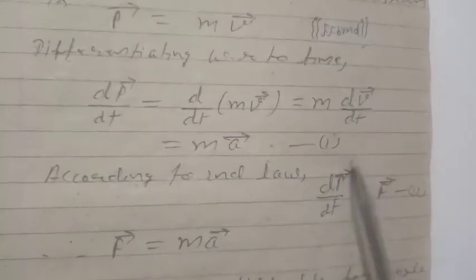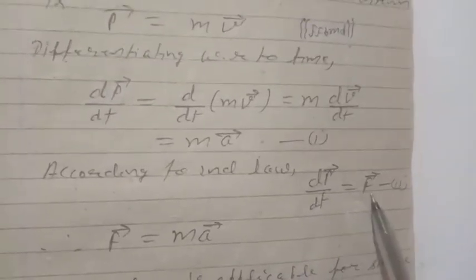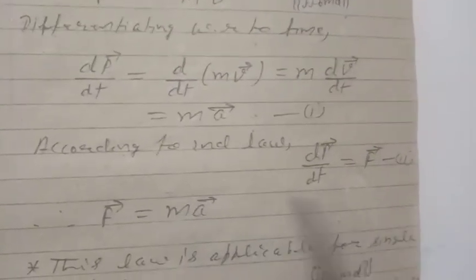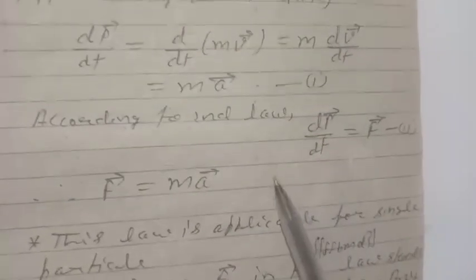This is equation 1. According to the second law, the rate of change of momentum is equal to the applied force, so dp by dt equals F vector, equation 2. So from 1 and 2 we get F equals m a vector. That is, force is equal to mass into acceleration.